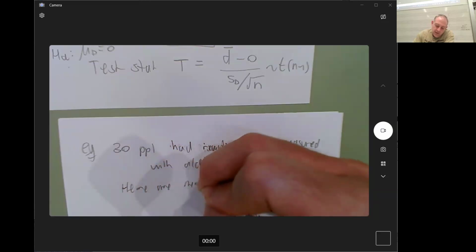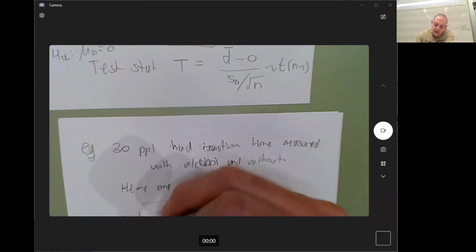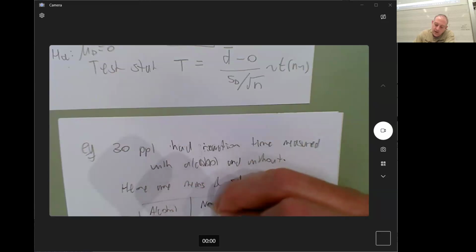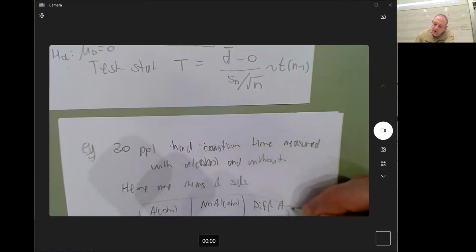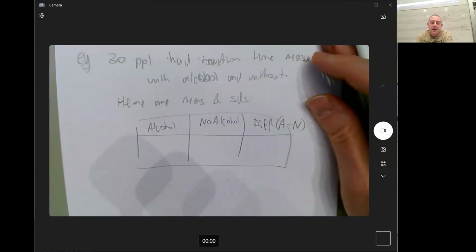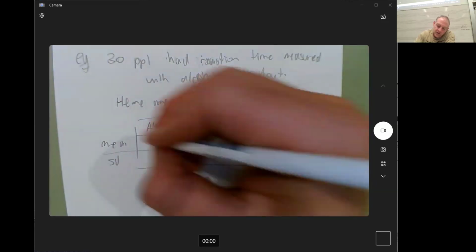Here are the means and standard deviations, and they'll give you a table and it'll say like alcohol, no alcohol, the difference, alcohol minus not. It'll say something like that, and it'll say like mean and standard deviation.